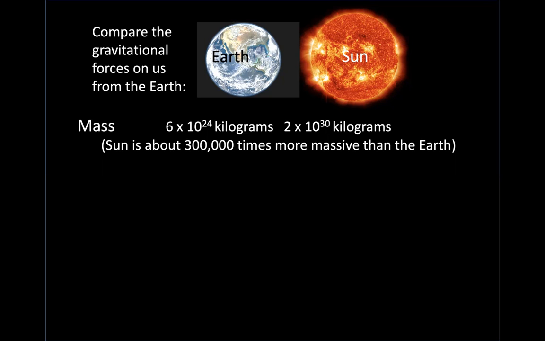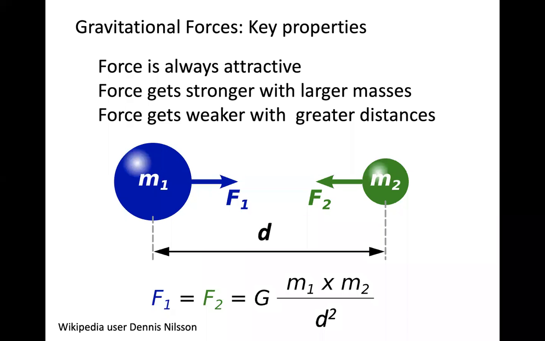Well, that's a reasonable question. And we can actually look at that quantitatively. We can evaluate the relative strengths of the forces from these two objects. So we have to consider the two parameters in this formula, the mass of the object and how far away it is from us.